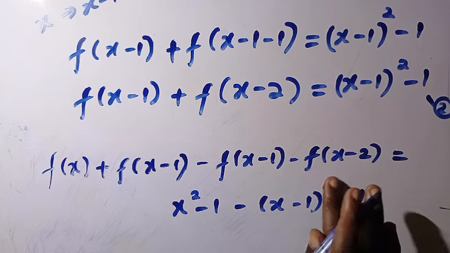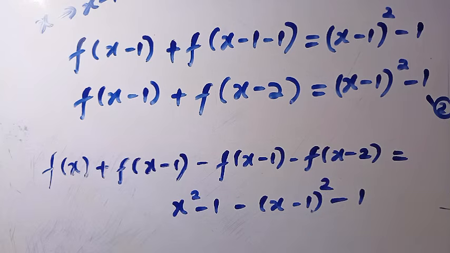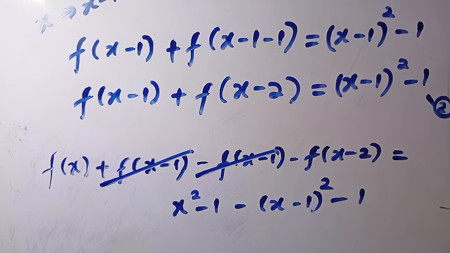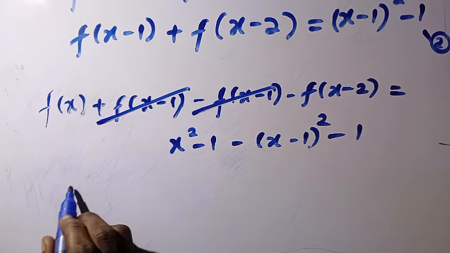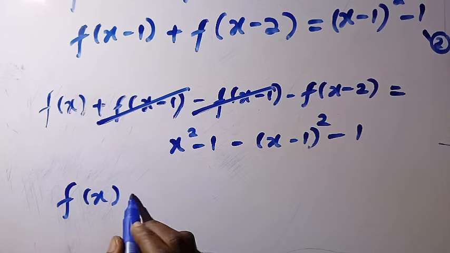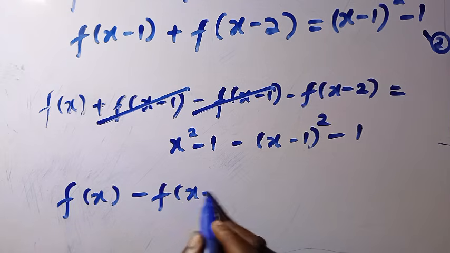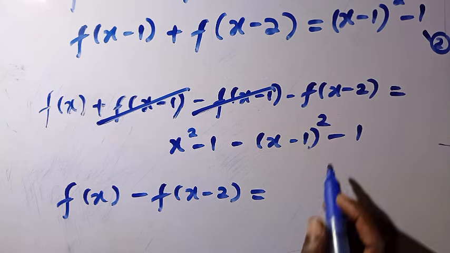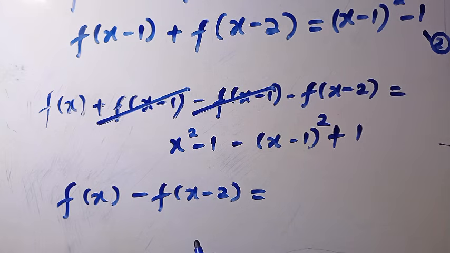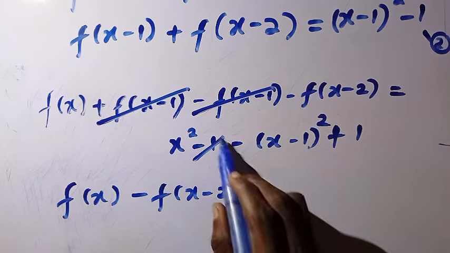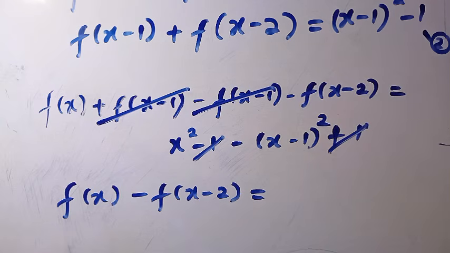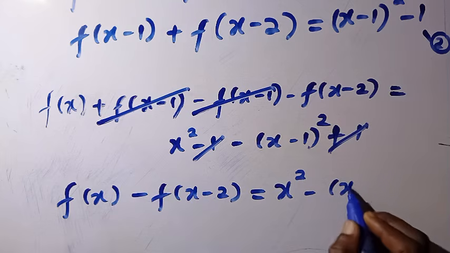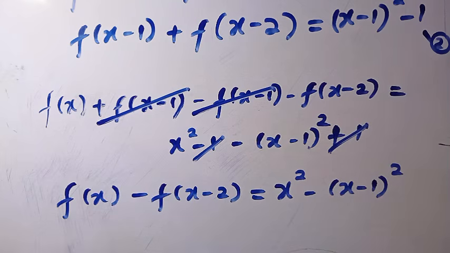So this is what we have. From the first line here, this and this cancelled. After it cancelled, we are left with f of x minus f of x minus 2 equals, since we are subtracting, this changed to positive and both of them cancelled. So we are left with x squared minus x minus 1 squared.